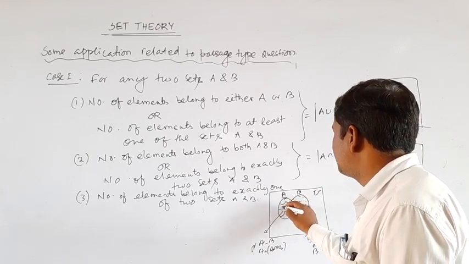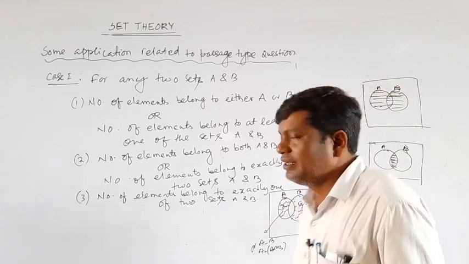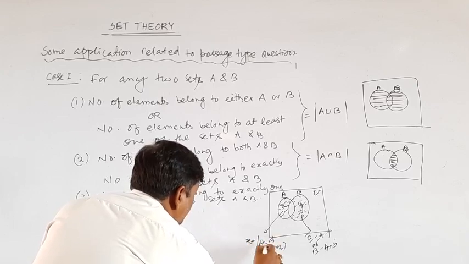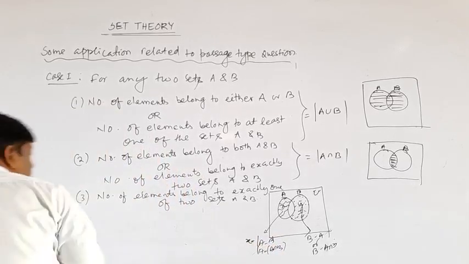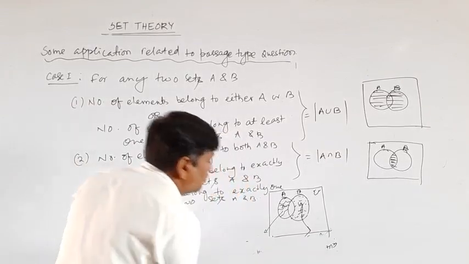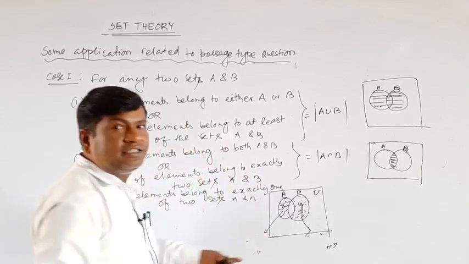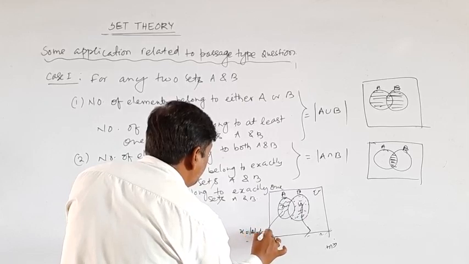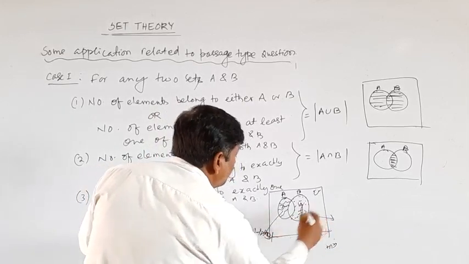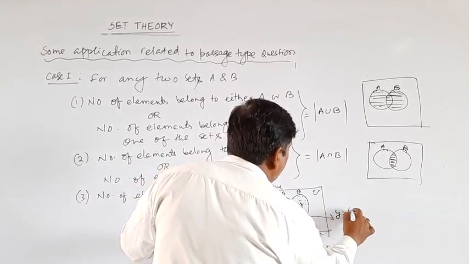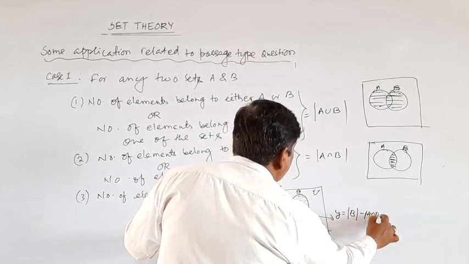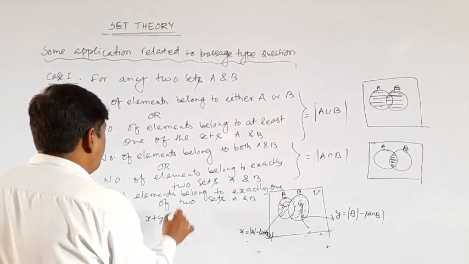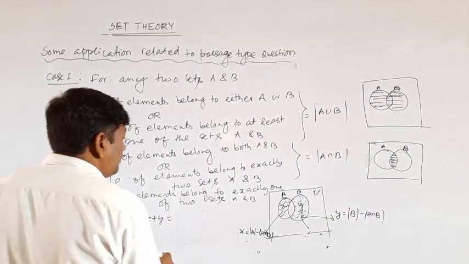This is suppose X and this is suppose Y, that is X plus Y. Suppose this region is X and this region is Y. So X is equal to cardinality of A minus cardinality of A intersection B. And Y is equal to cardinality of B minus cardinality of A intersection B. So this is X plus Y, where or means plus.